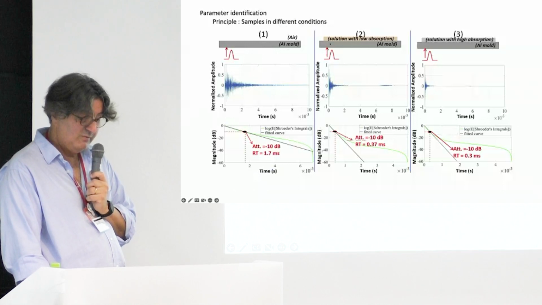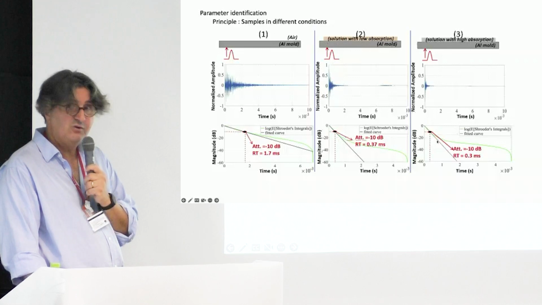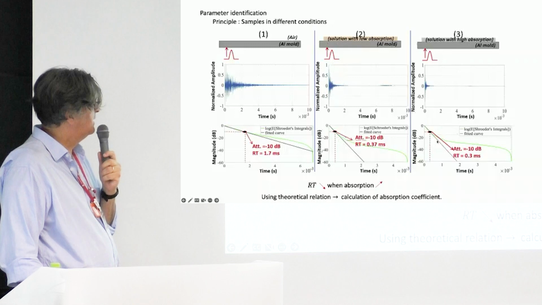Then you have deposited a solution, here if I remember, a Salol solution on it, and you can see the reverberation changes. And then a solution with high absorption, and again the reverberation time changes. So you can monitor global change with this technique.